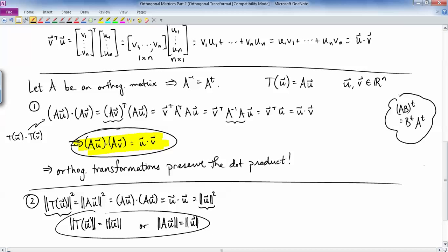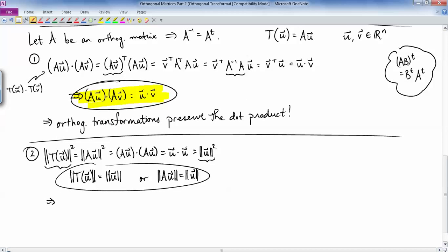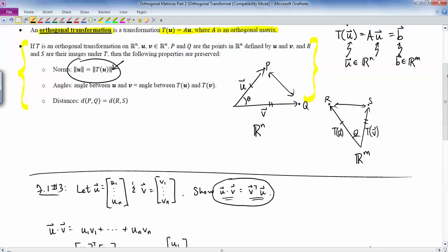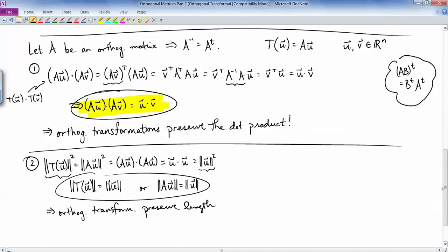So now we can say orthogonal matrices or orthogonal transformations preserve length, which is the idea that we talked about here. U and V have the same length as T of U and T of V respectively, as long as that transformation is an orthogonal transformation. Okay, so that's 2.